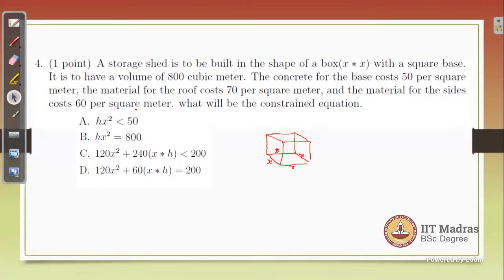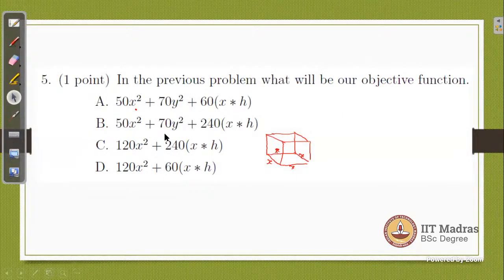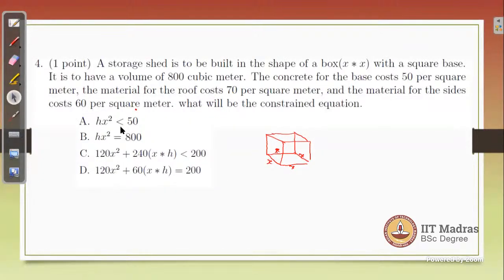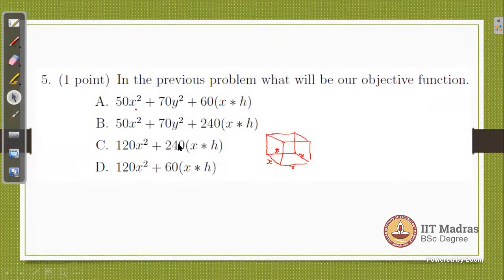So just create the objective function. I think the objective function is always about cost. Objective function means minimizing or maximizing whatever you want. So obviously here you would like to minimize your cost, no? So that is your objective function. You have to minimize your cost. Okay.